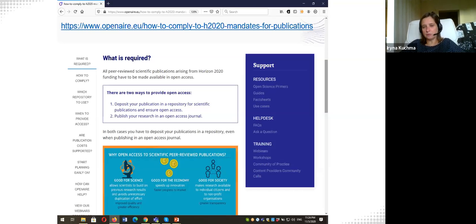So usually what funders say when they talk about open access, they require depositing project-related publications in a repository and ensure open access after certain embargo periods. For the European Commission, it's 6 months for science, technology, and medicine embargo period, and 1 year for social science and humanities.